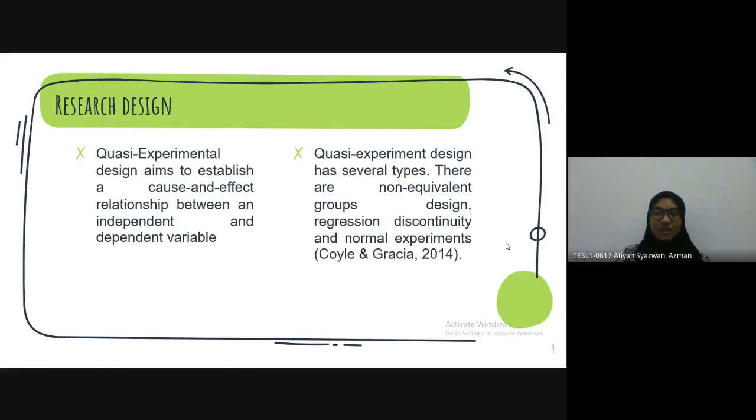There are non-equivalent groups design, regression discontinuity, and natural experiments, Coyle and Gracia, 2014. So related to the current research, the researcher chose to apply the quasi-experimental design to measure the effectiveness of the Elsa Adjective songs.